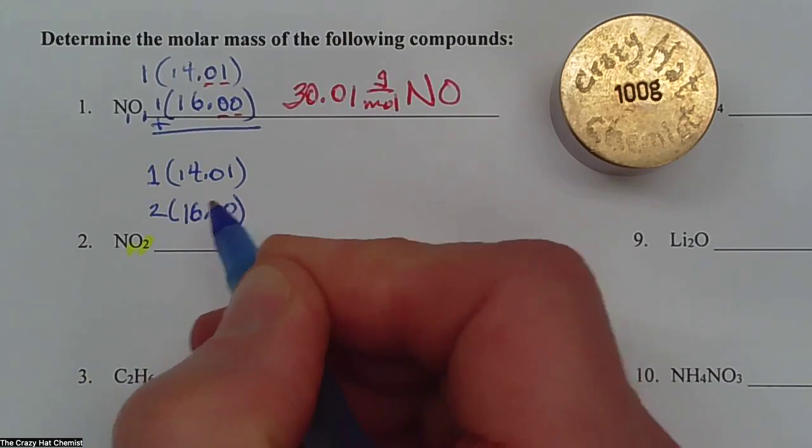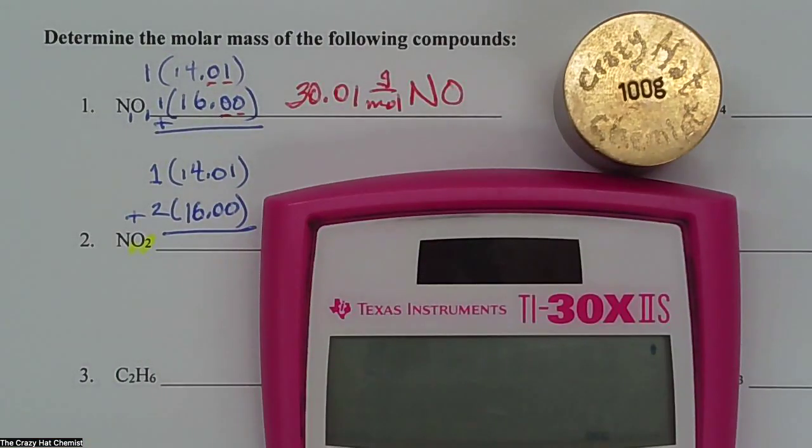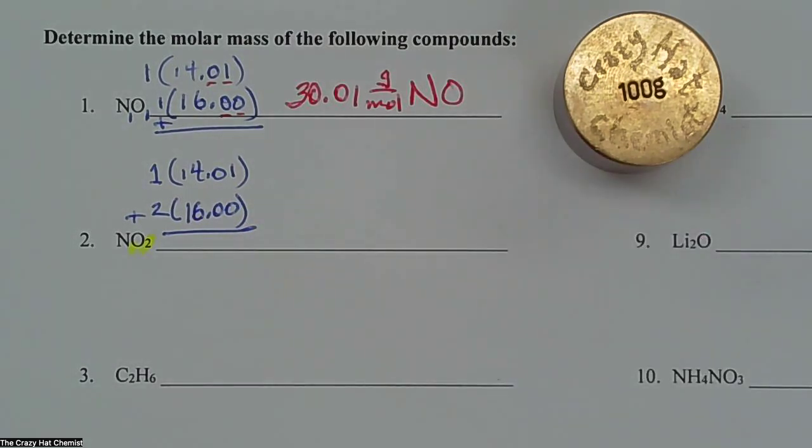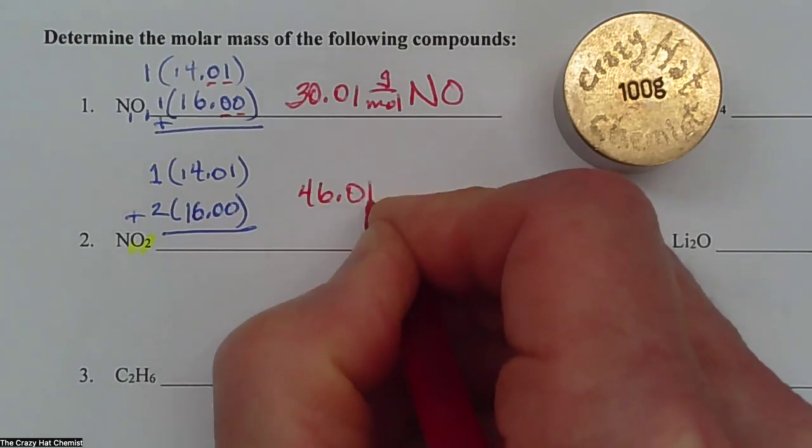Then we are going to do the product and get this in our calculator. So I'll show you that right here. We have 1 times 14.01 plus 2 times 16.00, and we get 46.01. So we're going to write that. That will be 46.01.